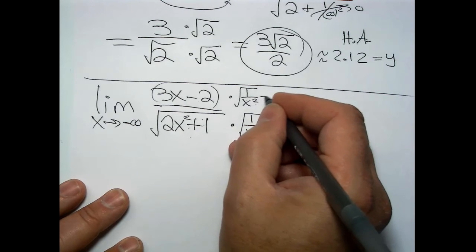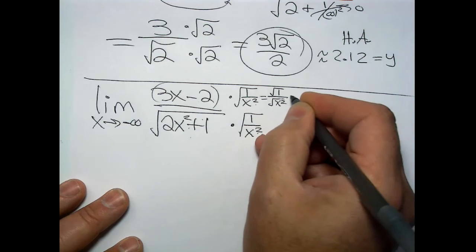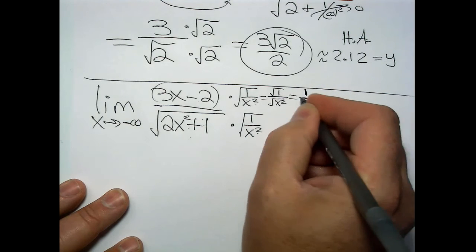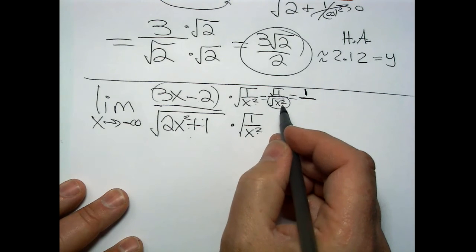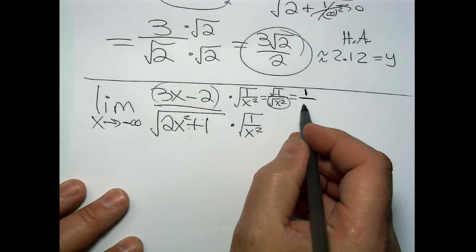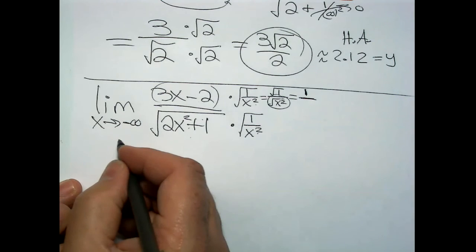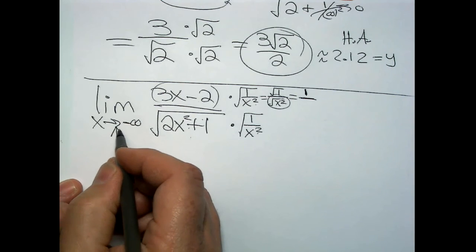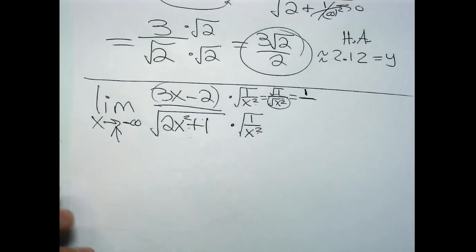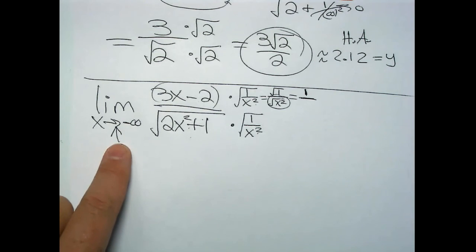Well, let's simplify. Up top, you have a square root of 1 and a square root of x squared. Square root of 1 is 1. And what is square root of x squared worth again? Is it x? Well, wait a second. You're in negative x territory. In fact, you couldn't be much more negative than that. All right?